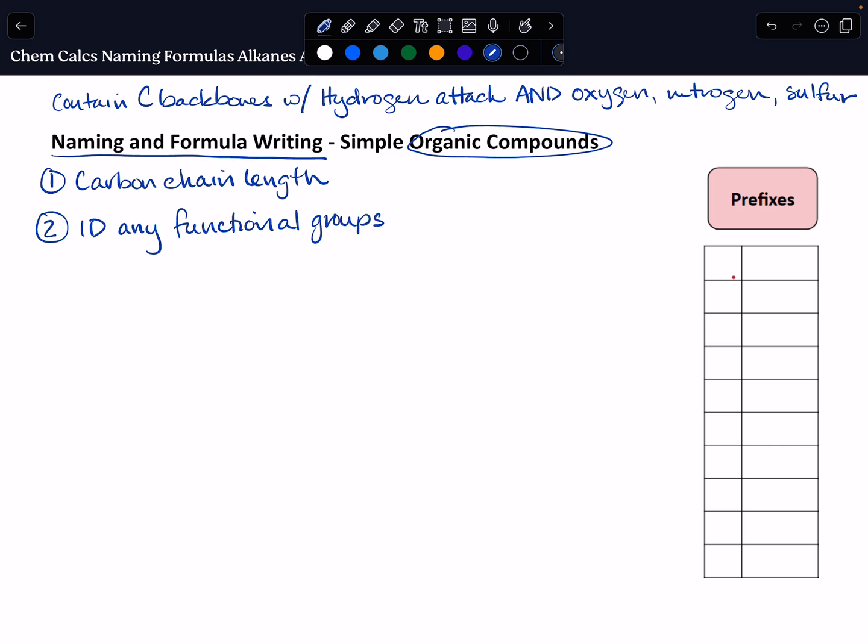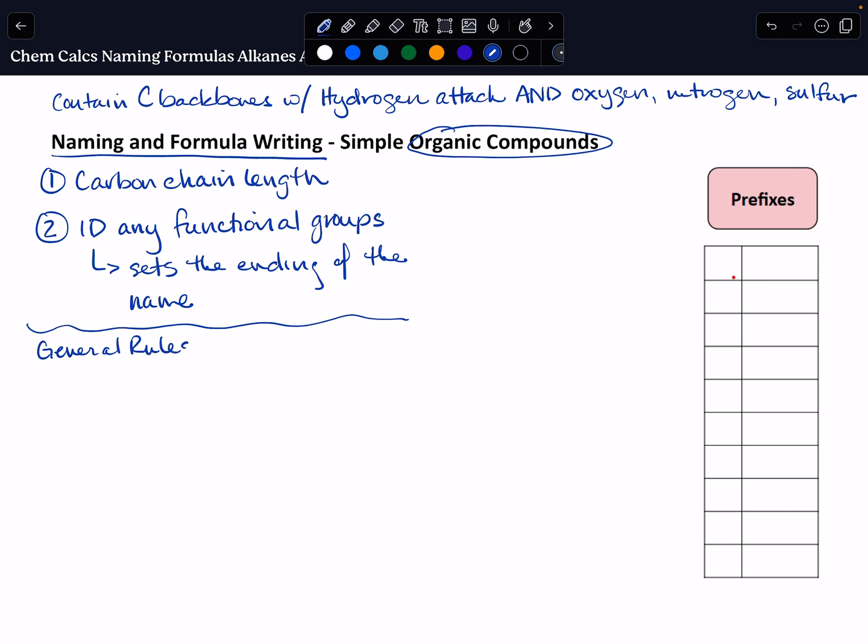All right, and a functional group is what lets us divide the molecules into specific types of organic molecules. All right, and what it does for us is it sets the ending of the name. All right, and that's going to be our way to distinguish between different types of organic molecules, the ending of their name.